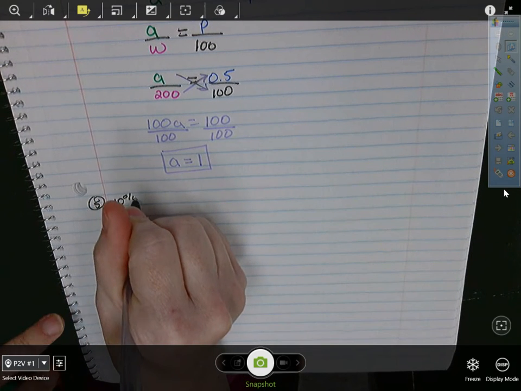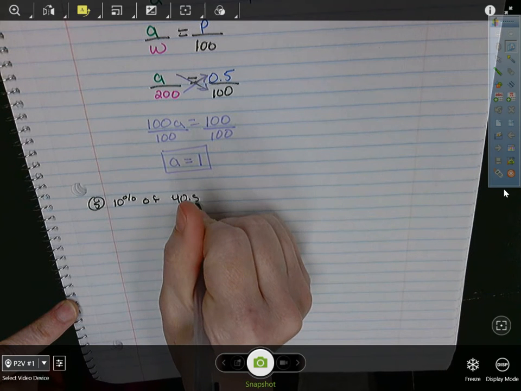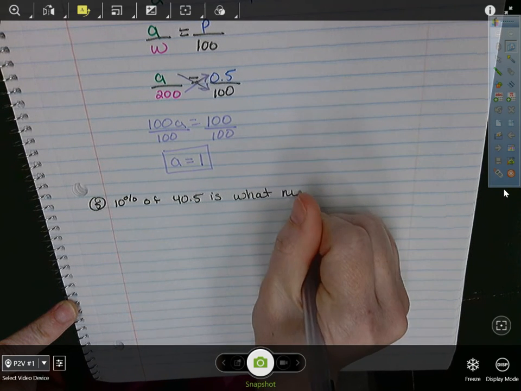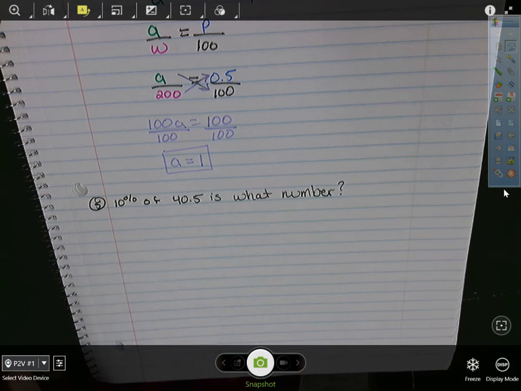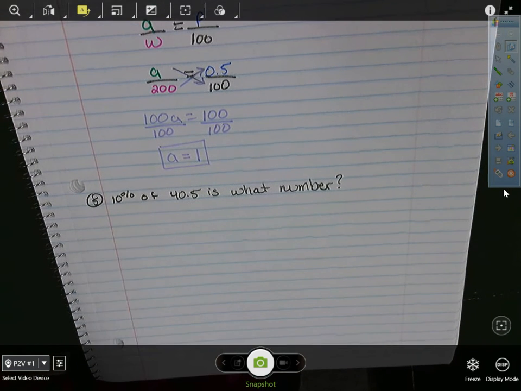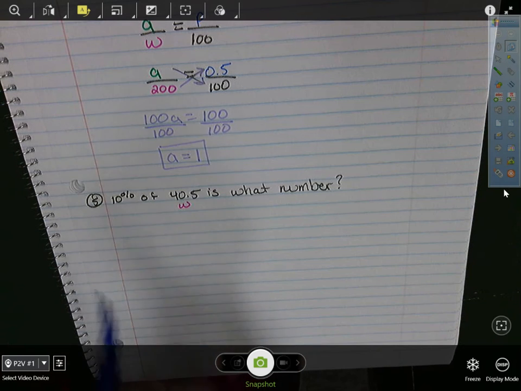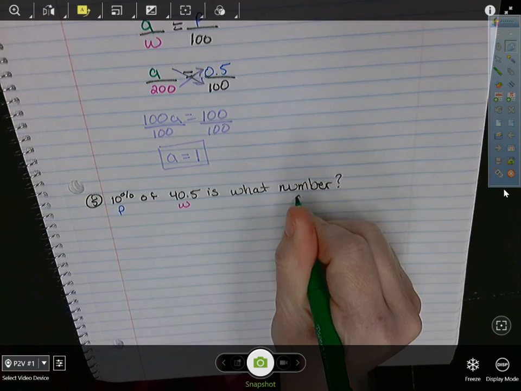10% of 40.5 is what number? Okay. All right, it says of 40.5, so I know right away that that would be my whole. And since that has a percent symbol, I know that would be my percent. And I don't know what A is.